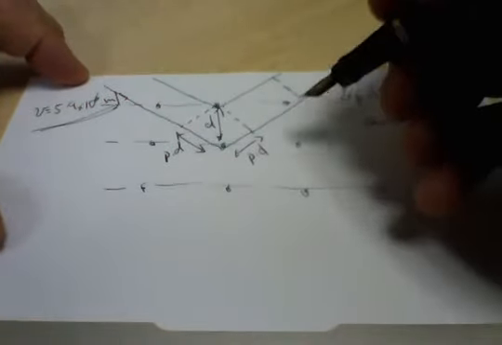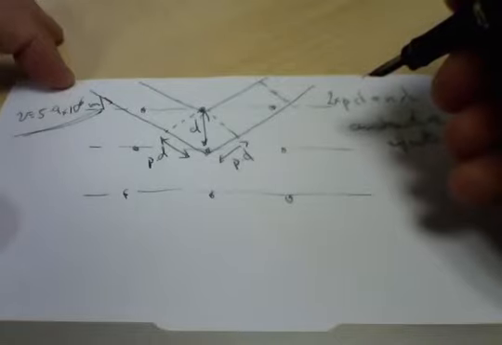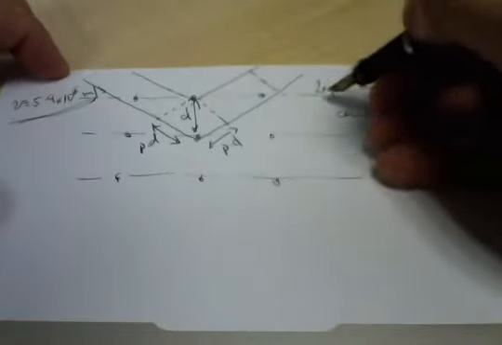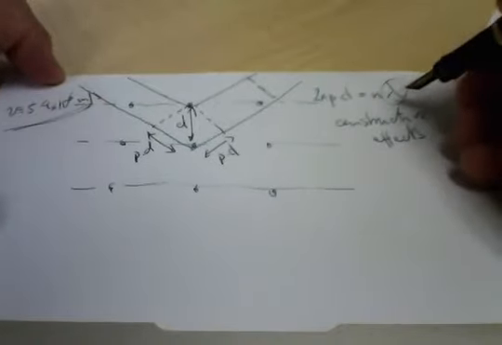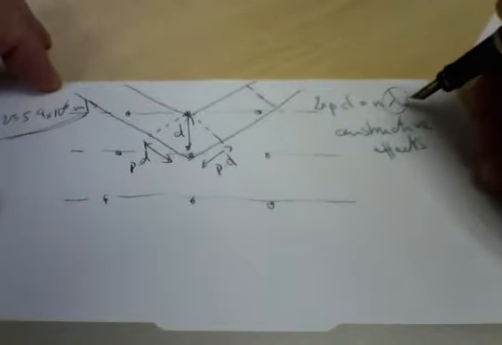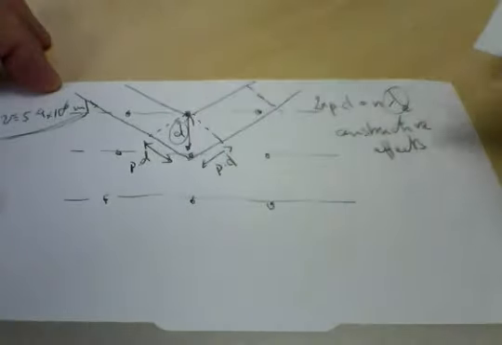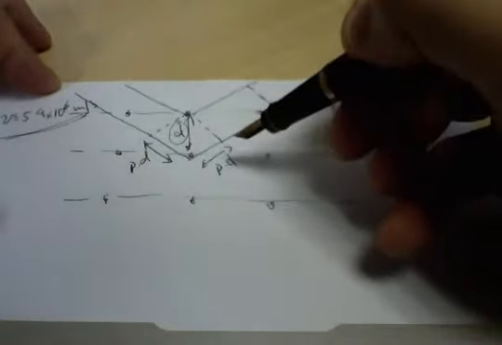They knew the separation, and what they were looking for was to see whether this value for lambda for the electron gave rise to a similar value for D, which they knew.